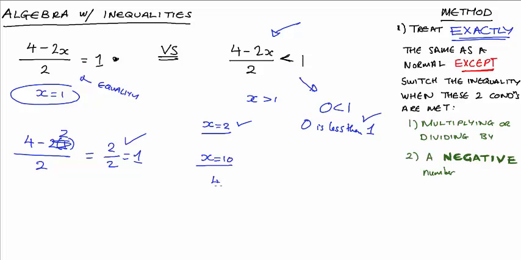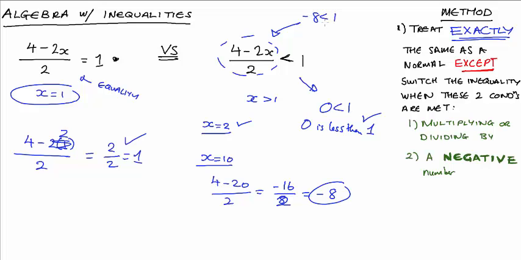That would give you 4 minus 20, 2 times 10 is 20, over 2. That would give you minus 16 over 2, which gives you minus 8. So this whole side is equal to minus 8. Now, this reads as minus 8 is less than 1. And it is, because minus 8 is less than 1. So that's why this is correct.